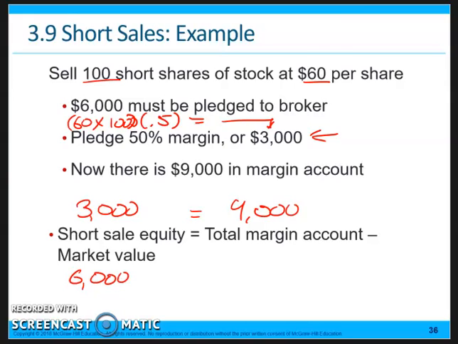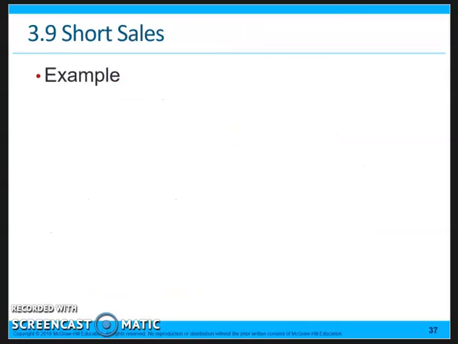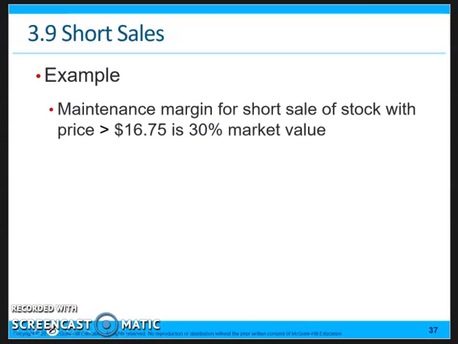Again, we could easily do this using just the share price. In that case, your share price is $60, your equity is $30, and the total margin account value is $90. The next slide is an example of a short sale.